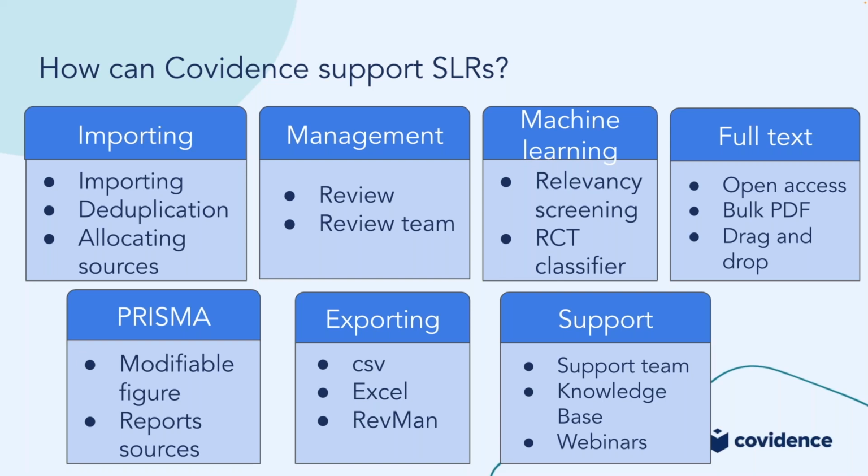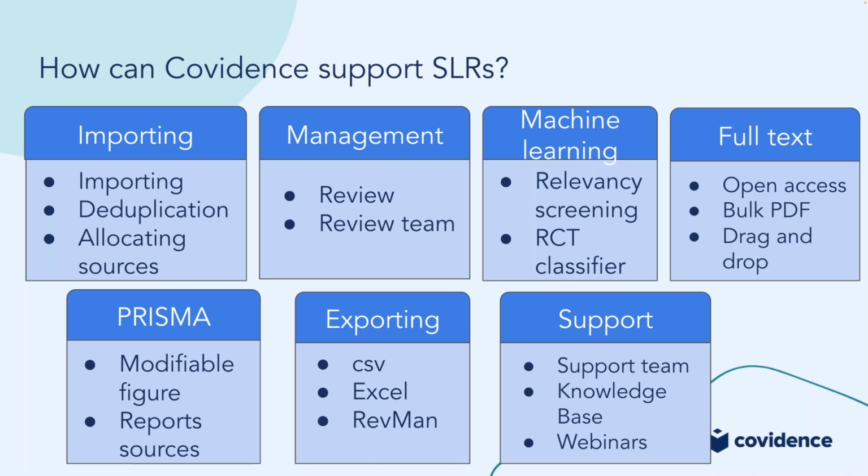Covidence can also speed up the screening process. So if you select sort by most relevant, that uses machine learning to register your team's votes and then make a prediction on which of the remaining studies are most likely to be included. So you can also switch on the randomized controlled trial classifier if you're working on a review in medical and health sciences.